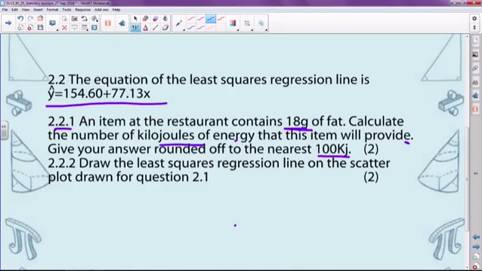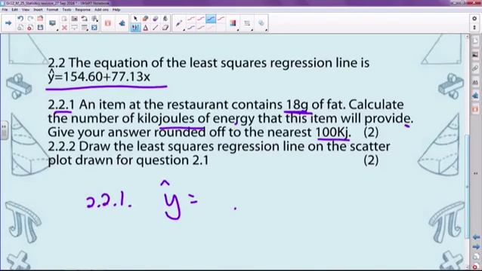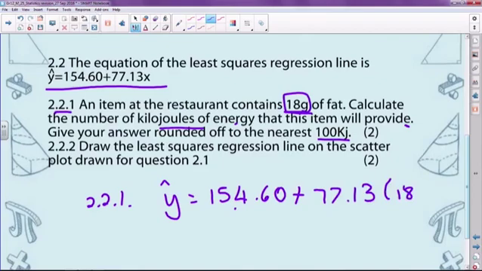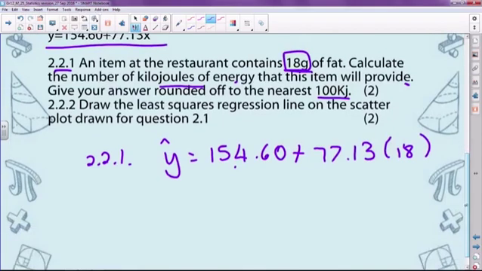So what are they asking you for? Well, in your equation of the least squares regression line, they're asking you for the approximate value of y. So all we're going to do there is simply substitute our x value as 18 grams and work out what the amount of energy released is.